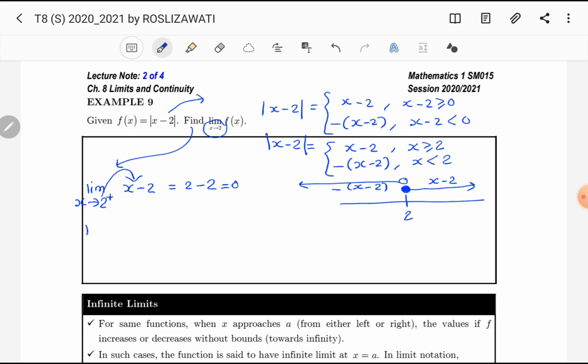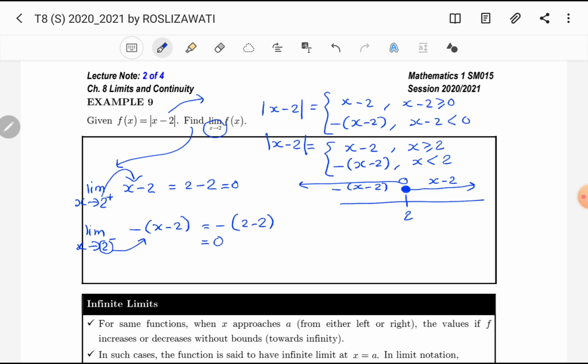Okay, next. Limit as x approaches 2 negative, on the left. What is the function? Negative (x minus 2). We substitute 2 into our function, so negative (2 minus 2), and we will get 0.